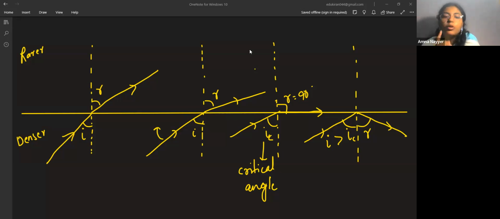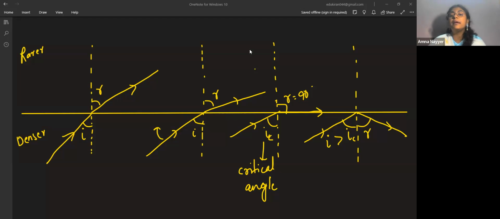Denser to rarer medium. Good. The light ray should always travel from denser to rarer medium. Fine. Rajata, second condition. The angle of incidence should be greater than the critical angle. Perfect. Second condition, the angle of incidence has to be greater than the critical angle. Then only total internal reflection can occur.